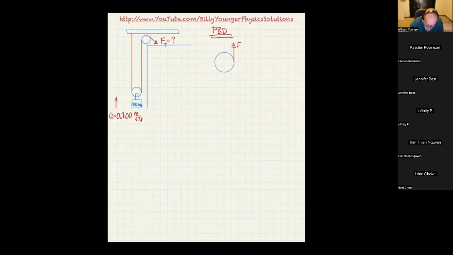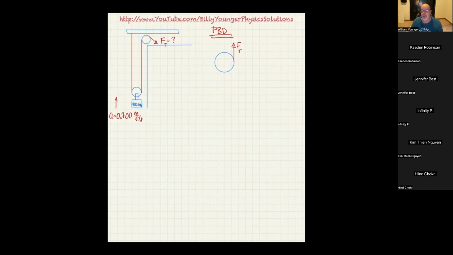Since this pulley, which we're going to assume for right now is massless, because later we'll get into rotational motion and we won't have to assume that pulleys are massless. If the pulley at the top is massless, then when I pull with that tension FT, the tension after the pulley will be exactly the same.